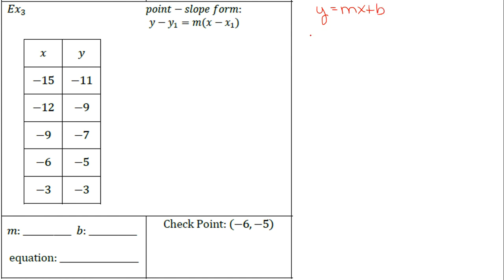And let's find the slope. Again, our slope formula is y2 minus y1 over x2 minus x1. I'm going to pick my first 2 ordered pairs. You can pick any 2 ordered pairs you want.